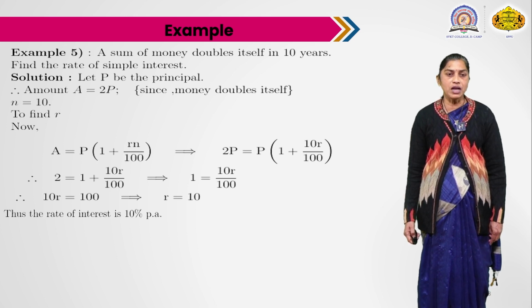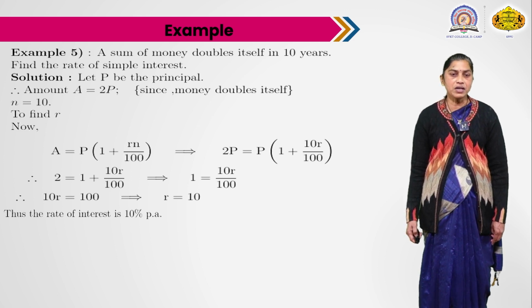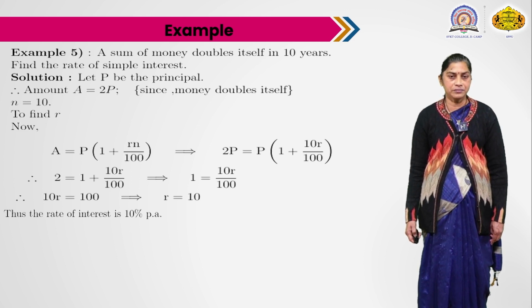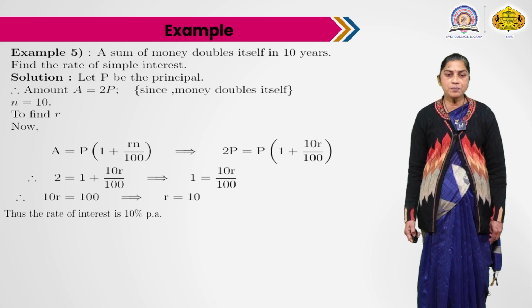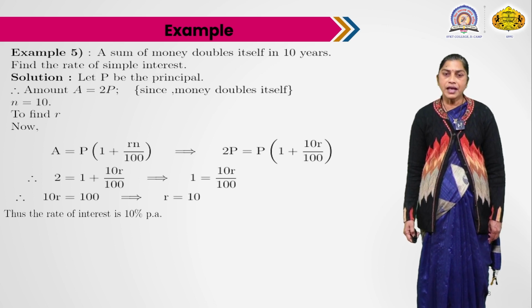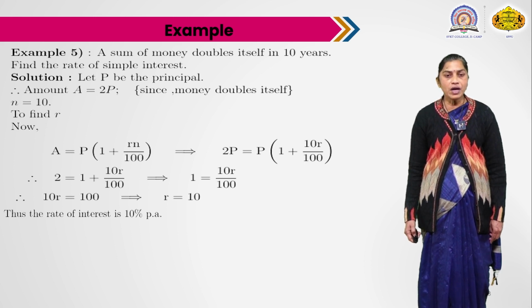So, use our formula A is equal to P into bracket 1 plus Rn by 100. This implies that 2P is equal to P into bracket 1 plus 10 into R upon 100. Cancel P on both sides, we get 2 is equal to 1 plus 10R upon 100.